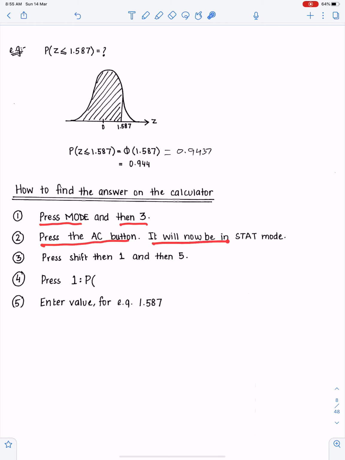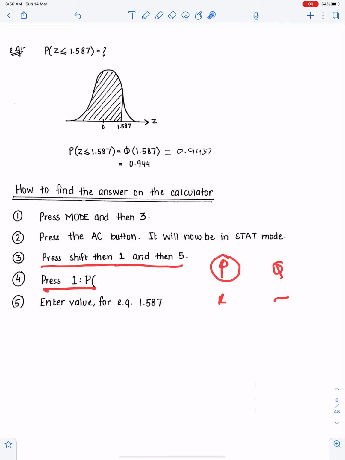Now your calculator will be in stat mode. Then press shift, then press 1 and then press 5. You will have 4 options in your calculator, P, Q, R and so on. You just need to press the P option, the number 1. Put this number 1.587 over here and then press equal. You'll get this thing. You can try this yourself.